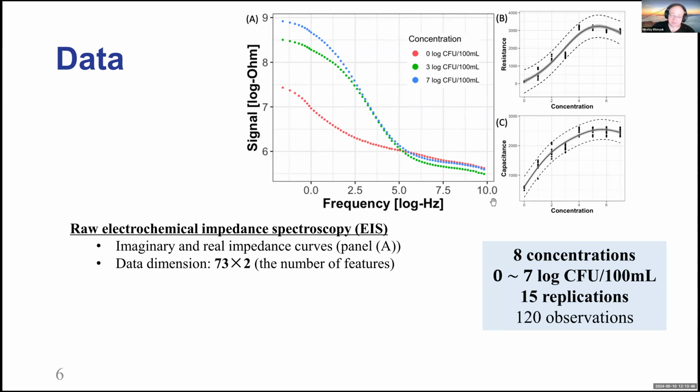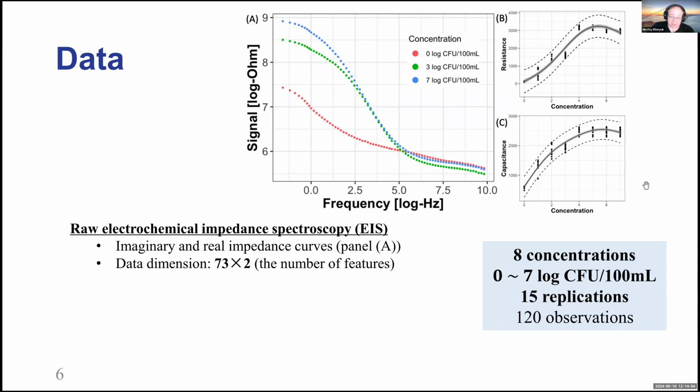Say if capacitance is, I don't know, somewhere around 2000, then one can take the horizontal slice of this plot, and that would be the range of values for concentration between 2 and 4. So that's how it's done traditionally.